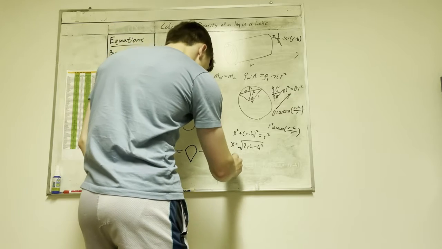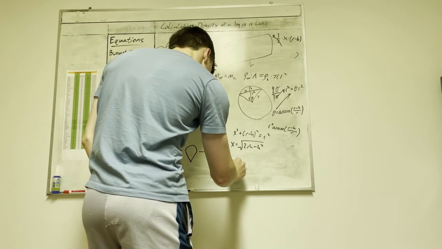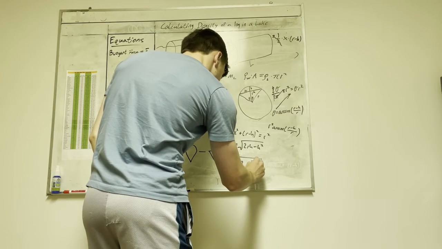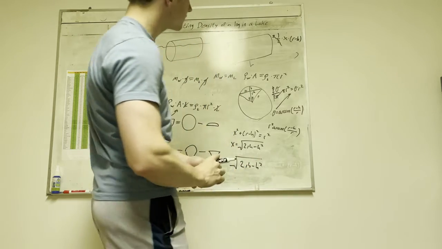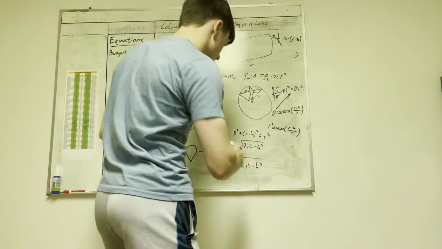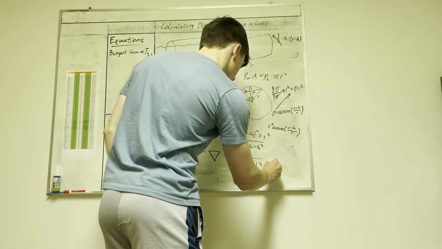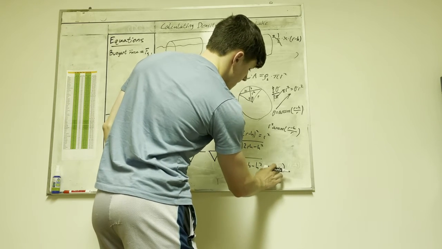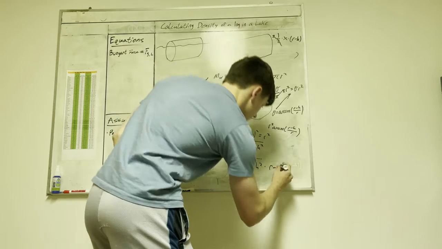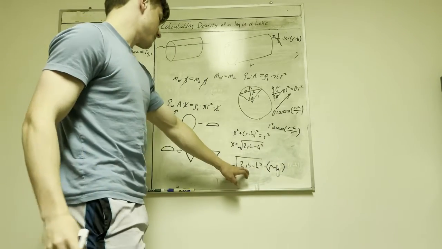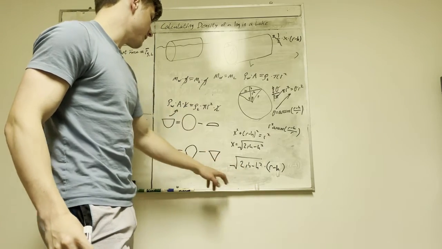So that being said, we have the square root of 2rh minus h squared. So that's our x value times r minus h. So this is the area of this triangle.